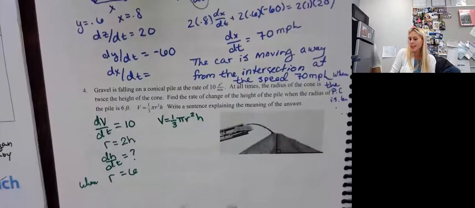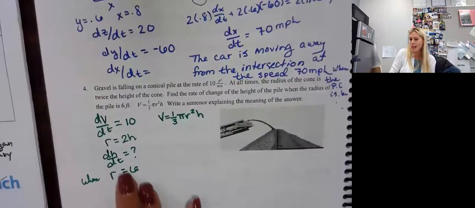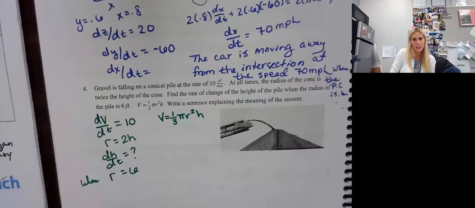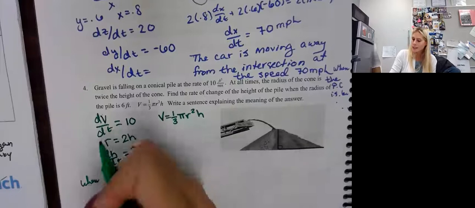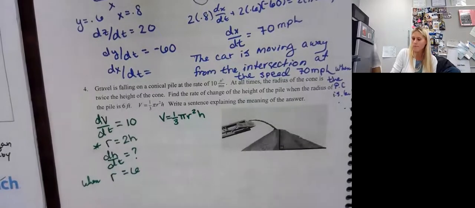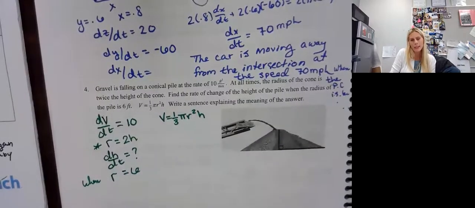But in this case, I don't have a dR/dt, and we're going to need that, especially if we are having 3 different rates here. But is there something else I could do? Yes, right here. I can actually replace the r with 2h.